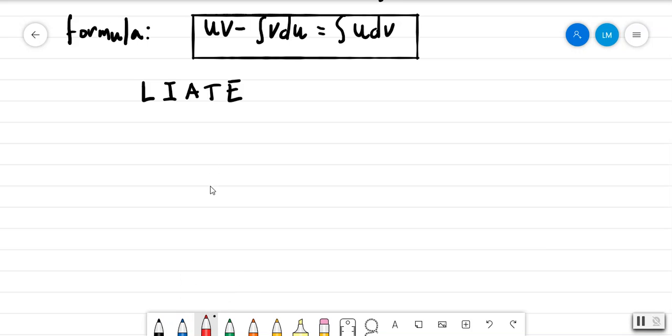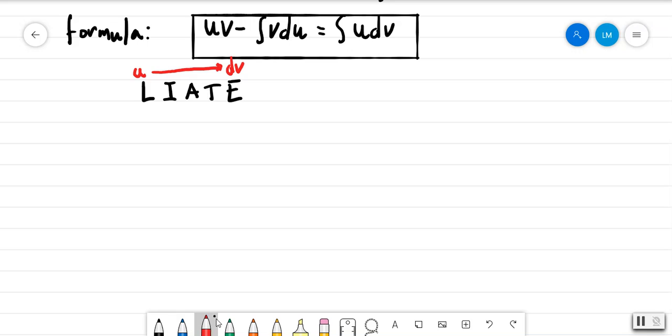To determine u, we say that u is the most left here, and as we move closer to the right side, this would be our dv.